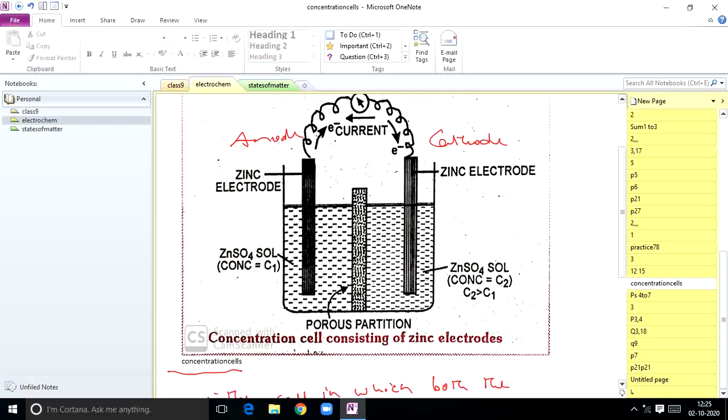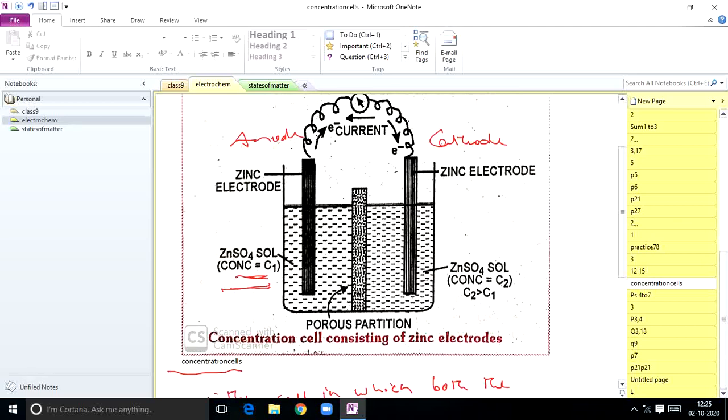In such a cell, oxidation takes place on the electrode with lower concentration. If you observe, this is a zinc rod dipped in zinc sulfate solution having concentration C1.